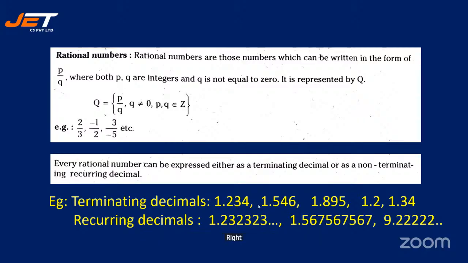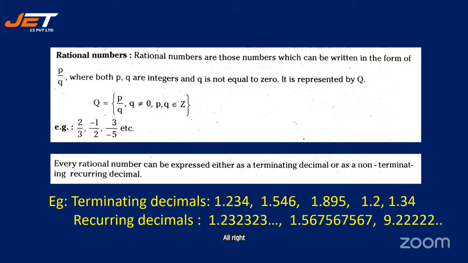So the denominator must not be equal to 0. Examples are 2 by 3, minus 1 by 3, 3 by minus 5, etc., where p and q are integers.